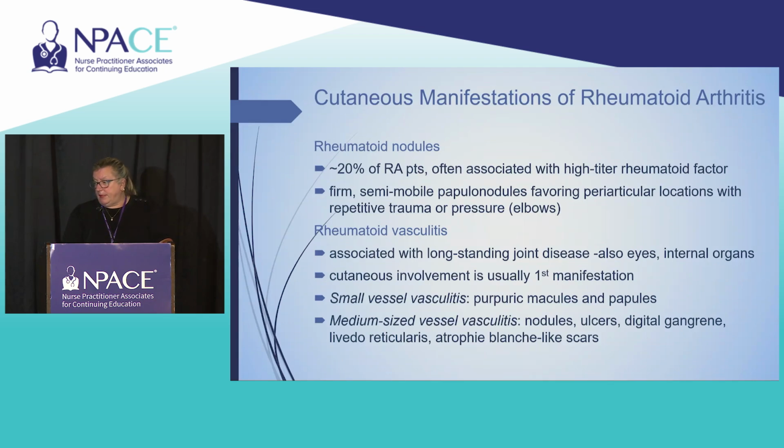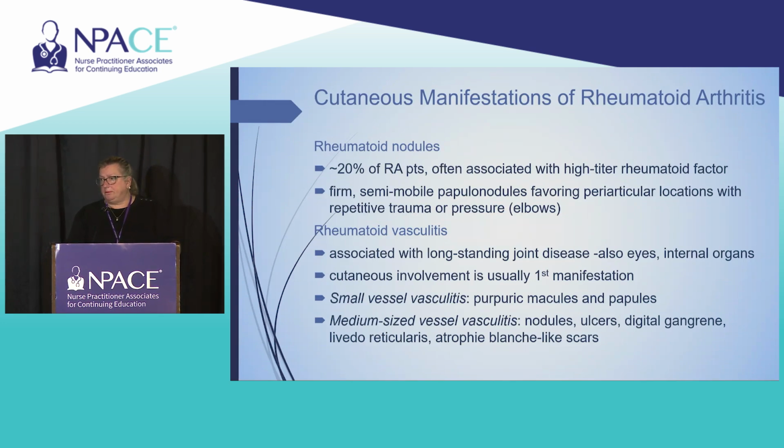So patients with rheumatoid vasculitis may actually have purpuric, like ecchymoses or purpuric retiform patches on their skin before the rheumatoid arthritis is even diagnosed. So the smaller vessels will cause just patches and plaques on the skin, as we mentioned before lunch. Larger vessels or arterial vessels will have more traumatic nodules or ulcers or even digital gangrene.